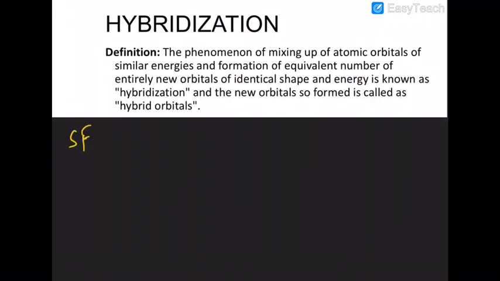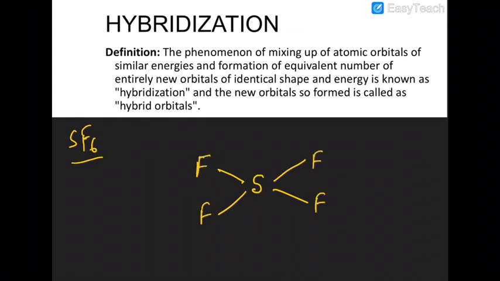Now in case of SF6, sulfur is the central atom, and four fluorine bonds are in the same plane. One bond is above the plane.